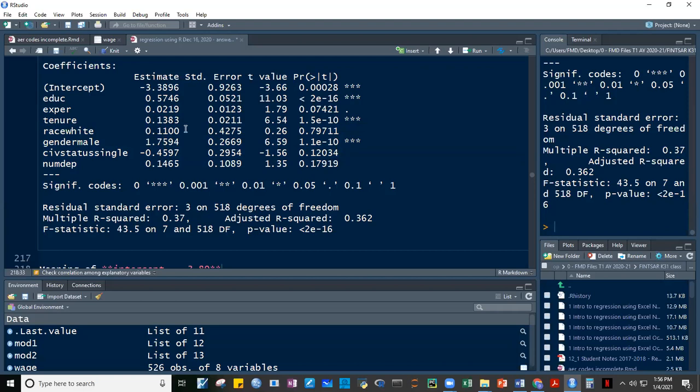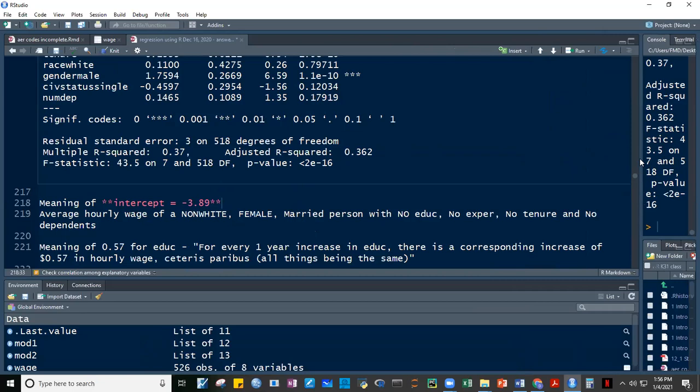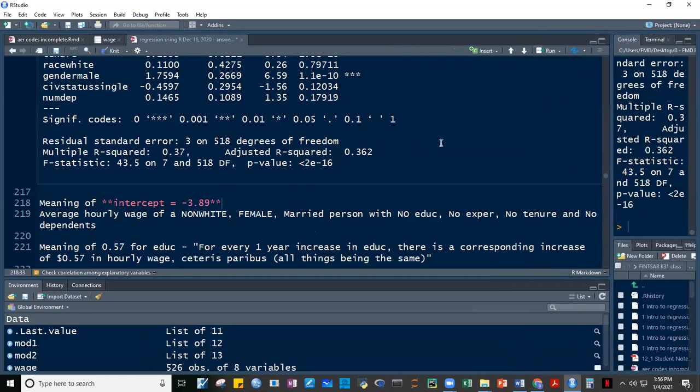Assuming it's significant, guys, ang ibig sabihin lang niyan, white people tend to receive $0.11 per hour more than their non-white counterparts. So ang question na gusto nating mapag-aralan diyan, may bias ba?